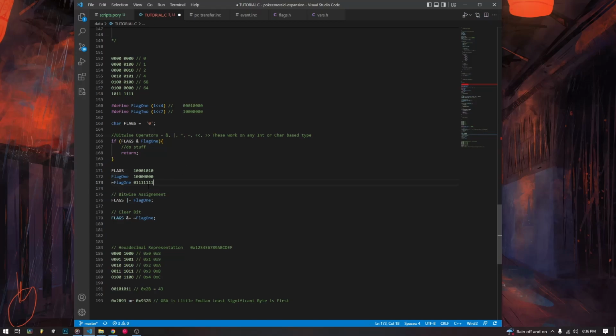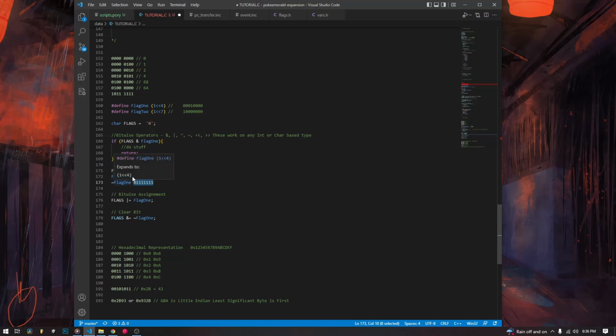So how this works is we are ANDing equals. It's going to be the result of the AND of flags and not flag 1, and that is what we're going to assign into flags after we're done with the AND.